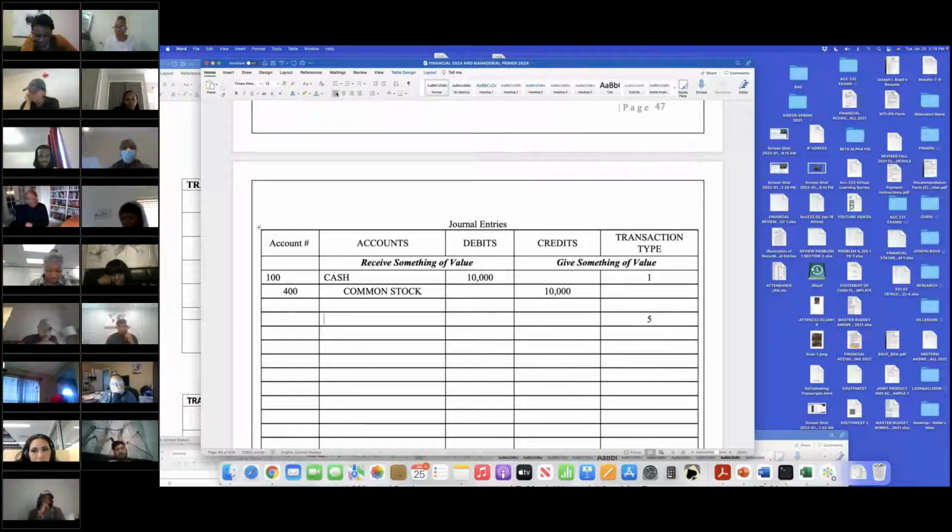What are we saying simply on transaction two, where we borrowed money, and what are we going to credit? Notes payable. We're going to credit notes payable. What's the account number for cash?